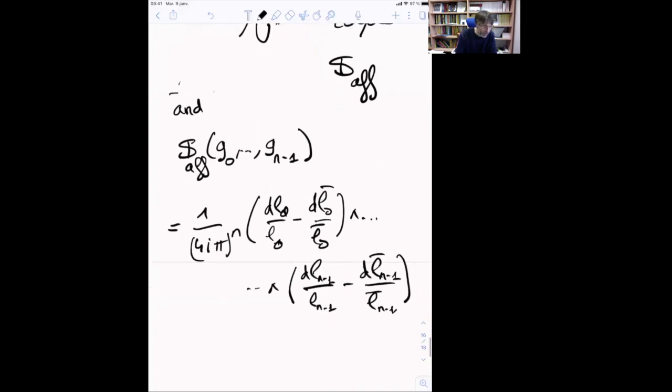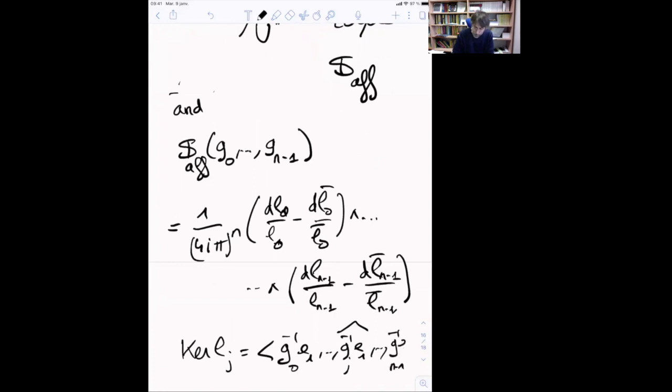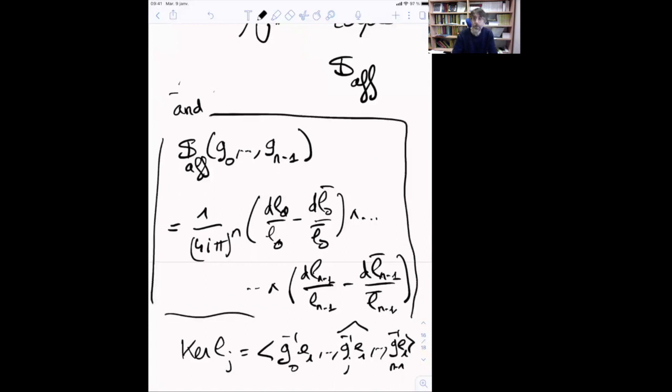And now Lj, again, Lj is a linear form of kernel Gj minus 1 E1. We forget about Gj minus 1 E1 and Gn minus 1 E1. And there is no term before, because when you take less than n minus 1 elements, the form vanishes at infinity. So there is no term.